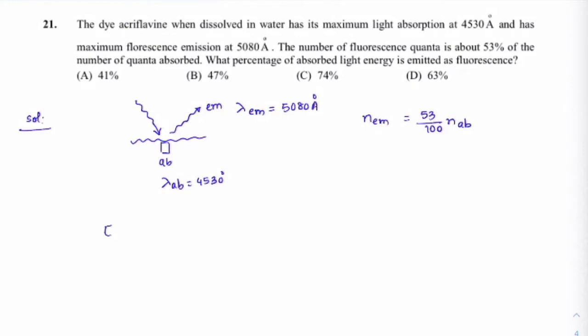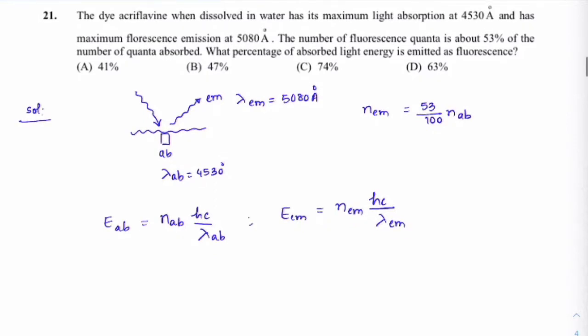If I write in terms of energy, absorbed energy will be equal to n absorbed times hc by lambda absorbed. At the same time, emitted photons' energy will be the number of emitted photons times hc by lambda emitted.